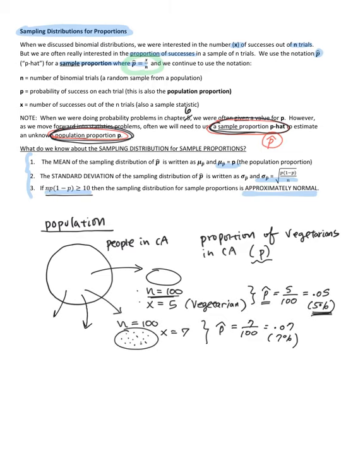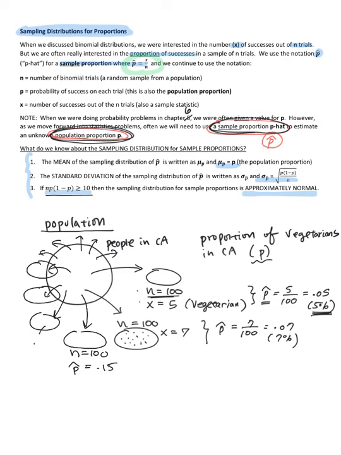So let's say we have a bunch of samples of size n equals 100, and you calculate p hat for every single sample. Let's say for this one p hat was 0.15. Maybe for this one p hat was 0.10.